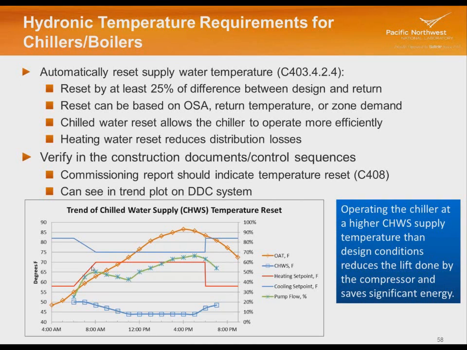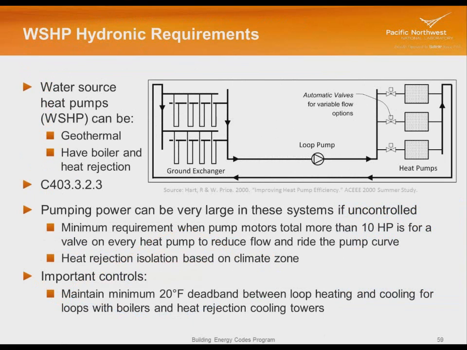We bring them down so that at some point the actual space temperature would kick in and we would turn our systems on and start meeting our load. So this is an example of how you can use a DDC trend chart. Again, the commissioning agent may be doing this and reporting in their report what they see on the trend chart that verifies that things are actually set to meet those control requirements in the code.